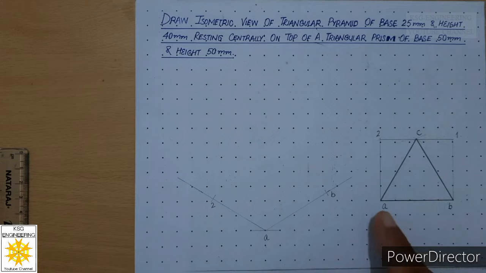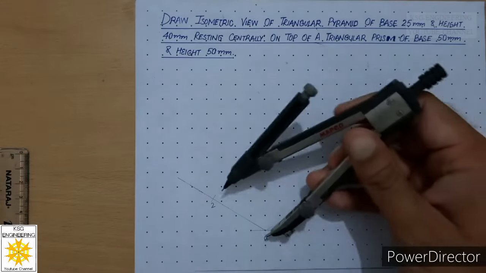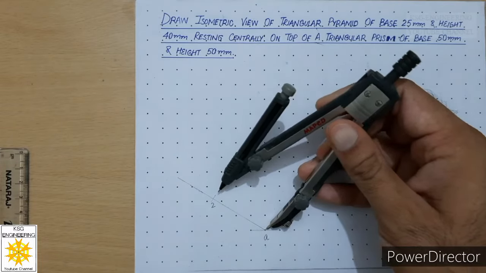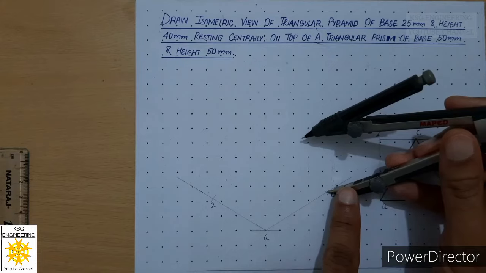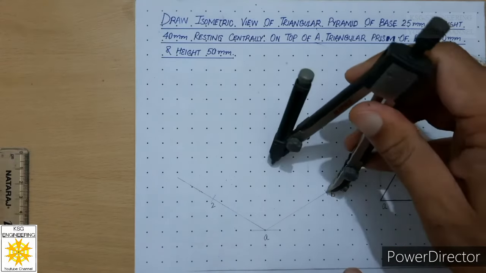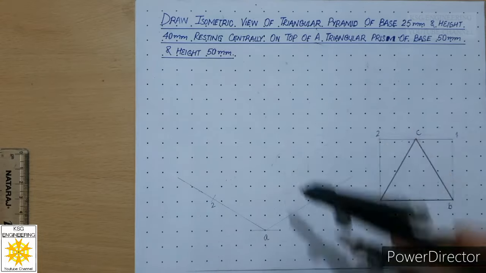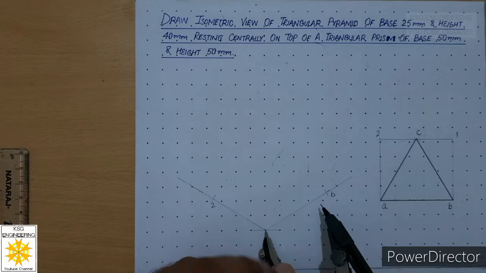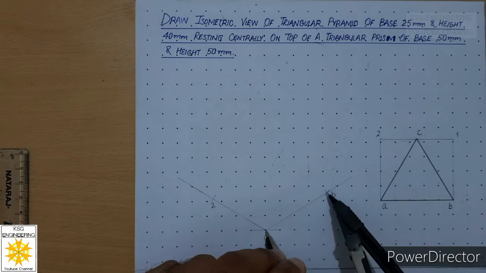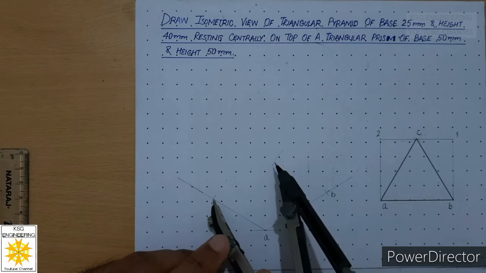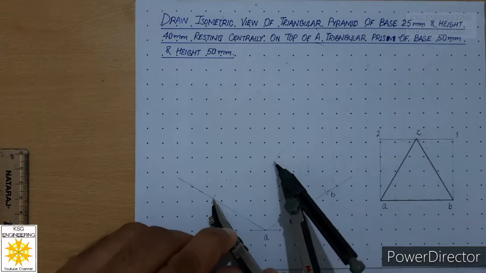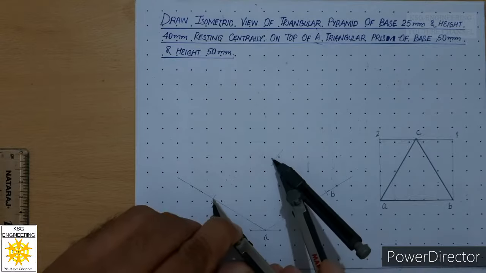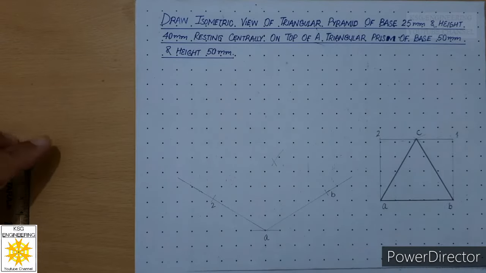Now we will complete the isometric of this box. So for that we will measure A2 and will mark from point B a continuous thin arc. Then we will measure this distance again, which is 50, and will mark from 2, which will intersect the previous arc, and we will get an intersection.